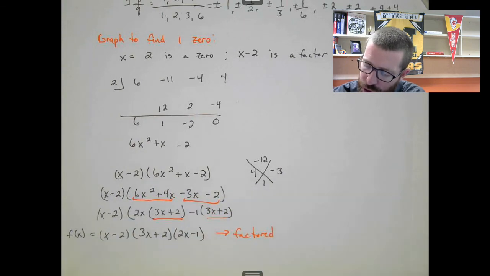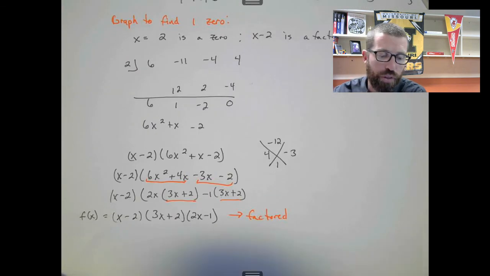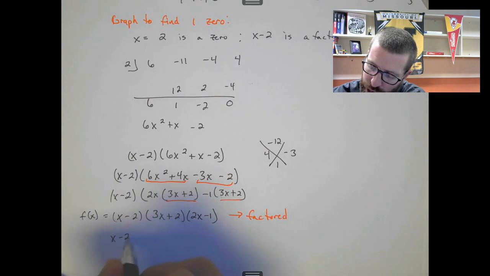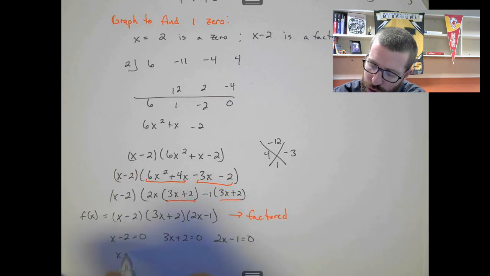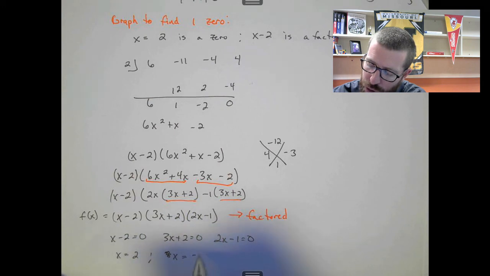And if we want the zeros, then we can set each of these equal to 0 and solve. So just add 2. We already know that one. Let's do it in one step. -2 and divide by 3.